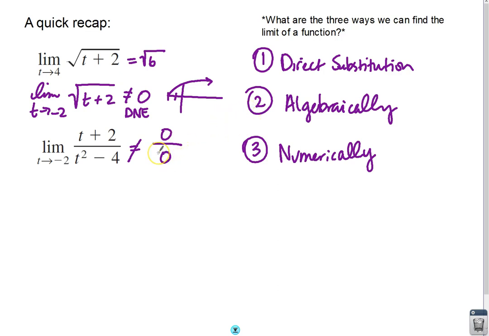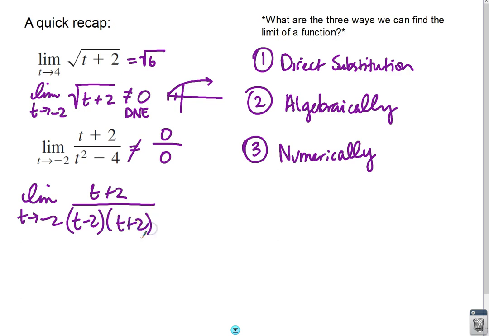And here we're going to have to do this algebraically. So we're going to rewrite this limit as t approaches negative 2 of t plus 2 over, I'm going to factor the bottom and make that t minus 2 times t plus 2. Because that factors out really nicely, now I'm at the limit as t approaches negative 2 of actually just 1 over t minus 2.